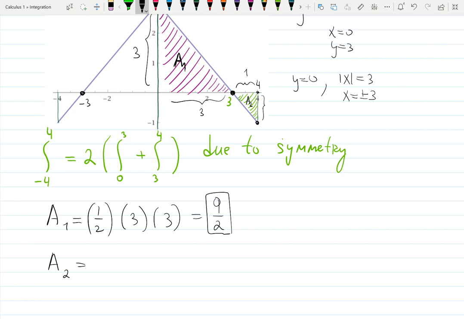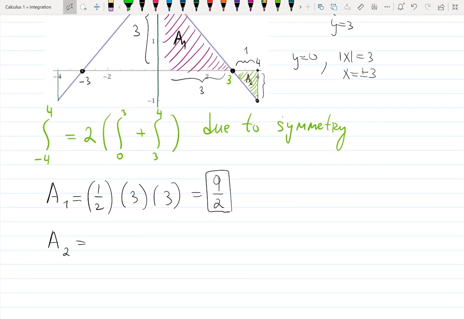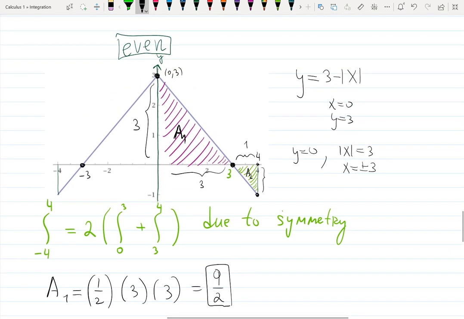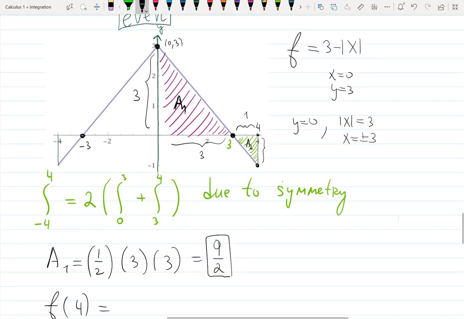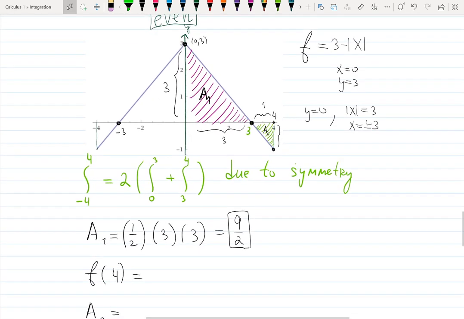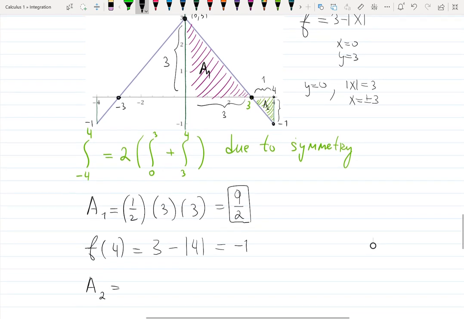To do that, I will plug the endpoint into my function. What is f at 4 if f is 3 minus absolute value of x? 3 minus absolute value of 4. That's -1. So for both cases, it goes down to -1 on the left and on the right.